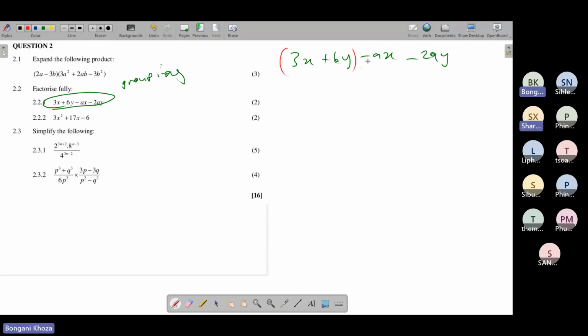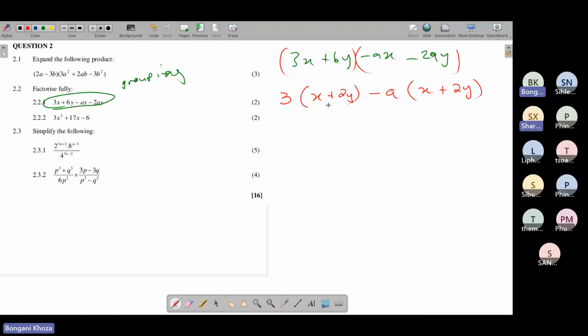So here, if I'm going to group these like this, you group it with its sign. Here, the common factor for me will be 3. So if I take out 3, I'm left with x plus 2y. Here, I can take out negative a, like that. I'm left with x plus 2y.